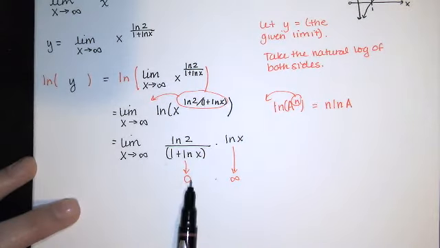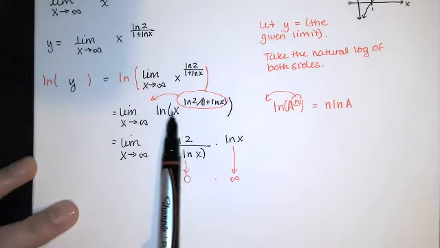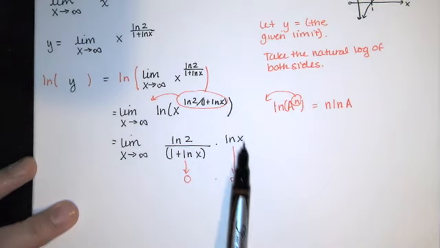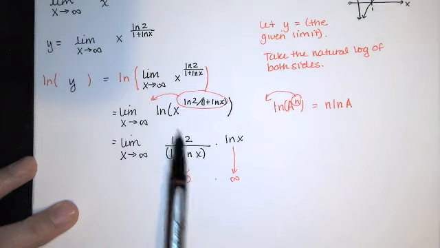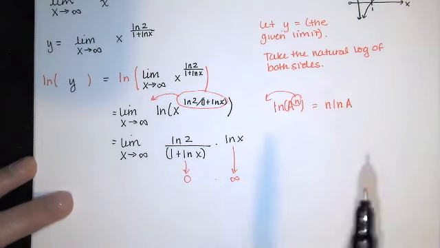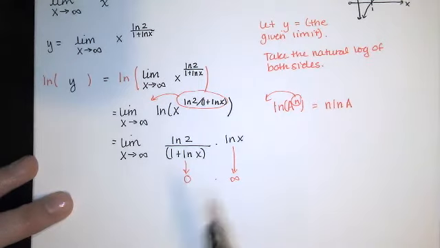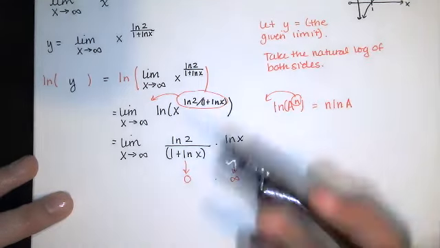This pretty much always happens with these exponential type indeterminate forms. Once you take the log of the base, you get something that's approaching either 0 or infinity. And then this other factor approaches the other thing to make it indeterminate. So we're here, and we need to rewrite it as a fraction.